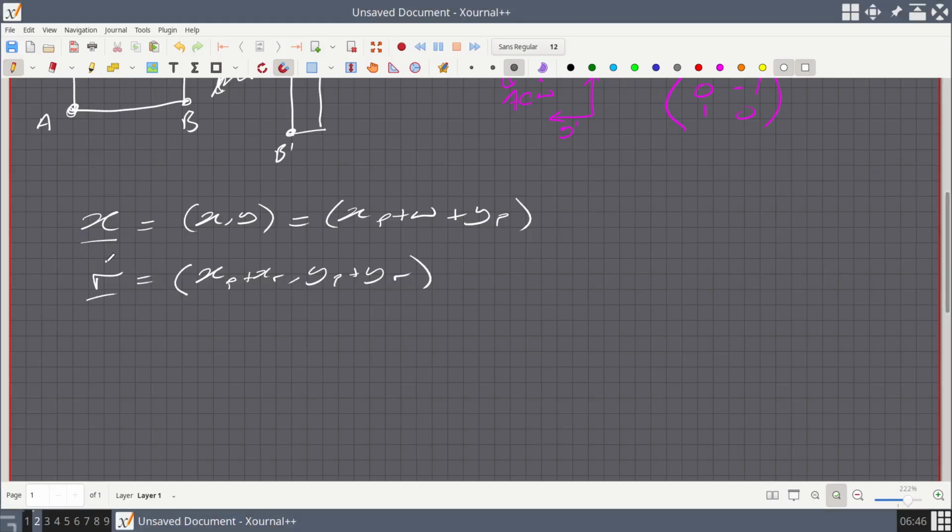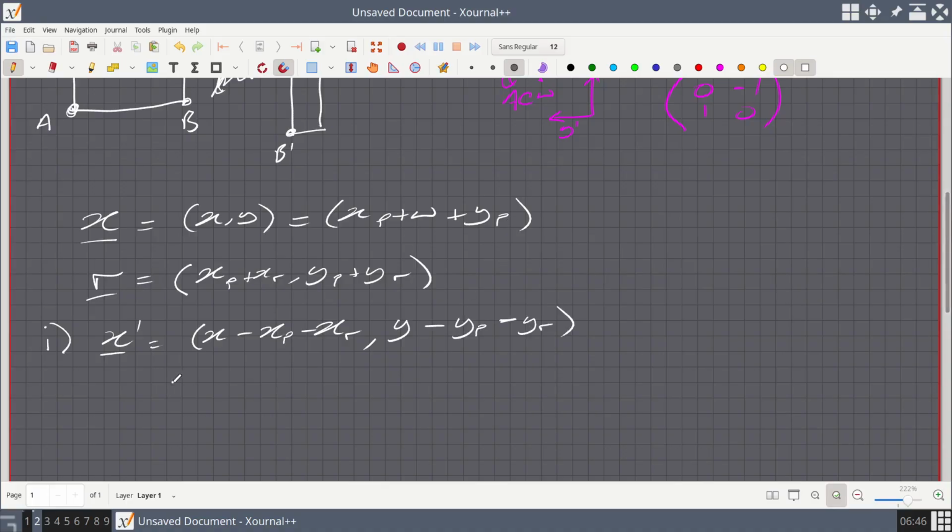We want to translate that, right? So step one, we translate it so we get our translated x, which will be at x minus xp minus xr, and at y minus yp, so yp minus yr.